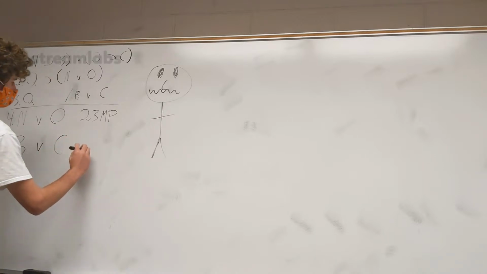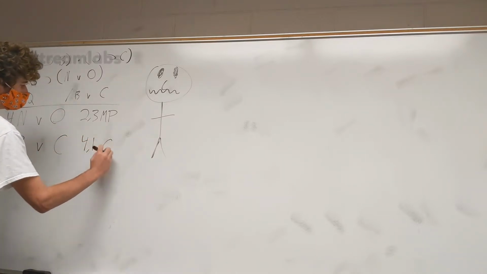Yeah, through that one, if we have N or O, then we also have B or C. My bad. Good. And then that's 4, 1, C D. Good. And that's it. Wow, that's quick. Good job.